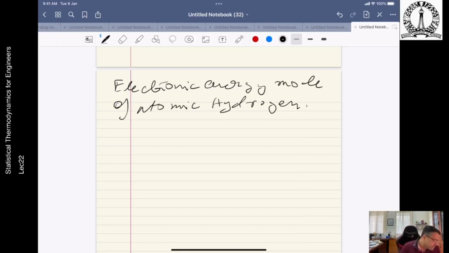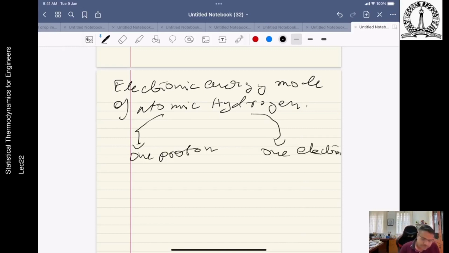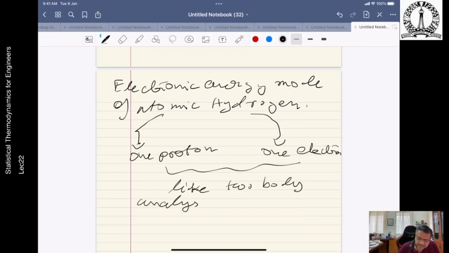Now atomic hydrogen is composed of one proton and one electron, so it is almost like the two-body analysis that we did.